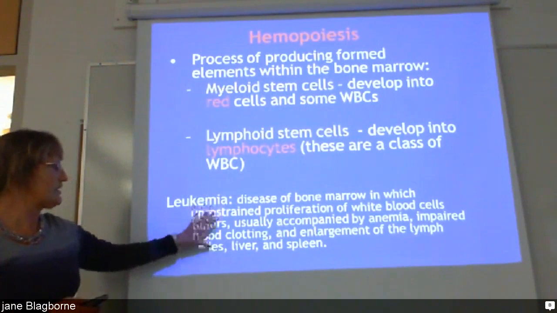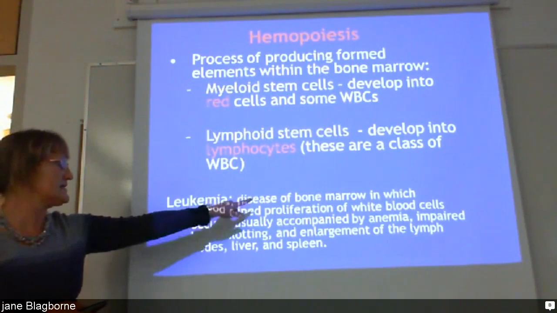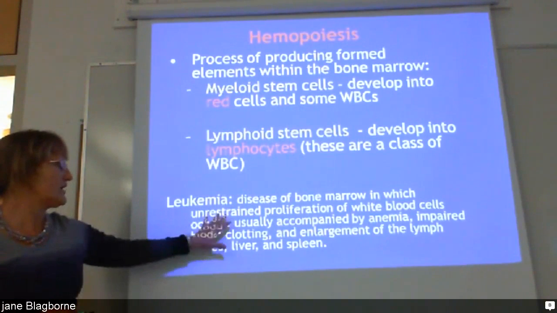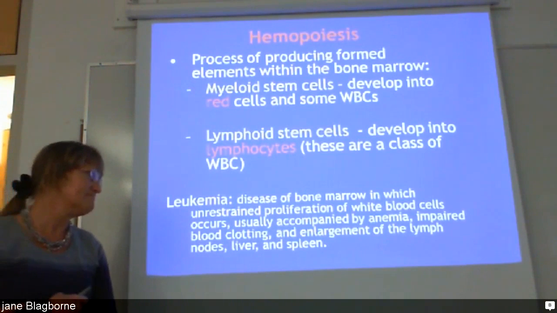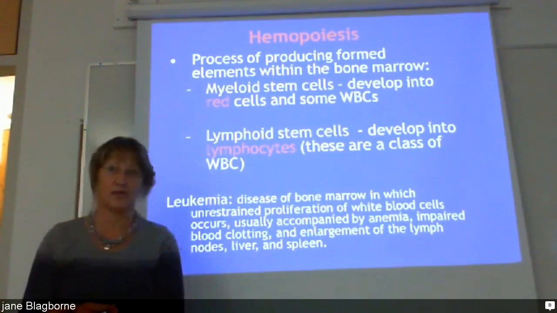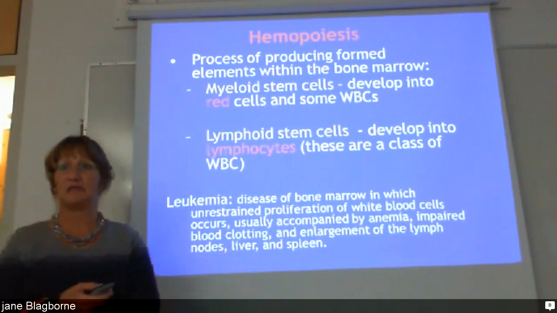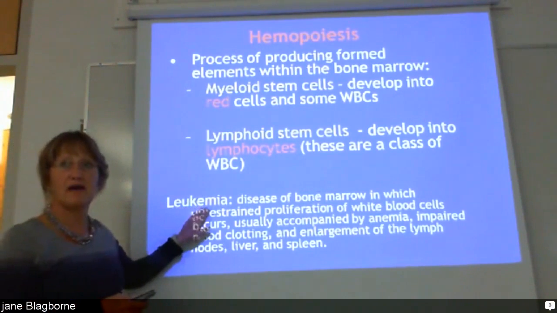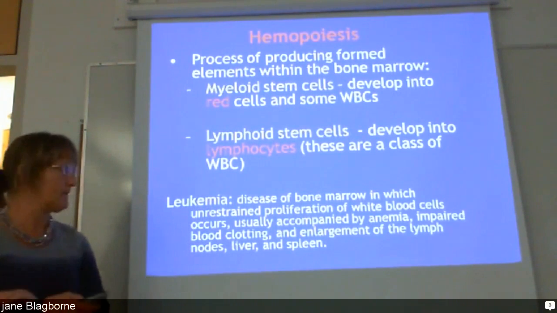So the little comment down here is just that leukemia is a disease of the bone marrow, which actually produces mutant white cells that are not able to do their job. So people with leukemia, of course, have a high rate of infection because they can't fight it off.